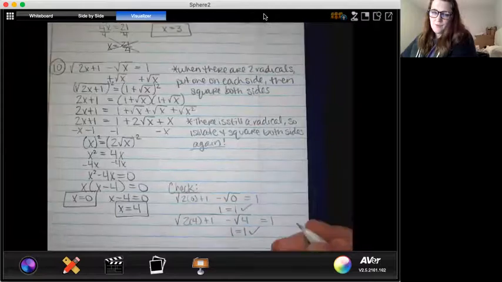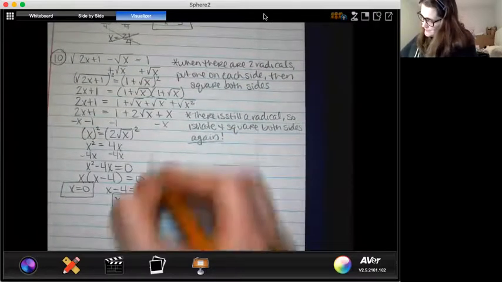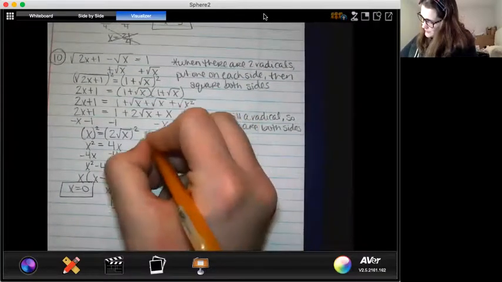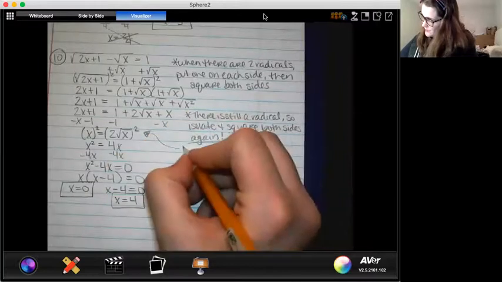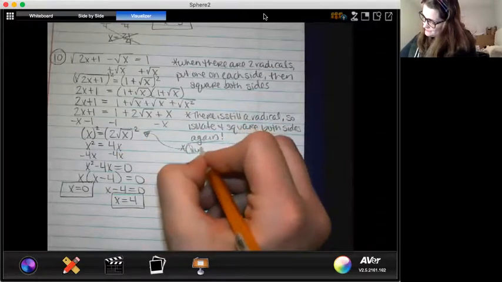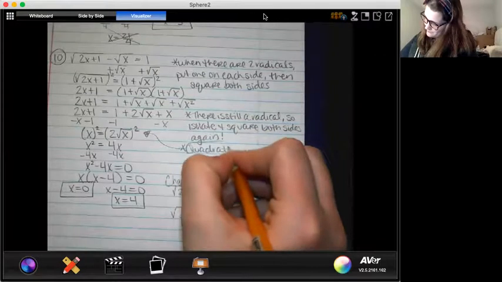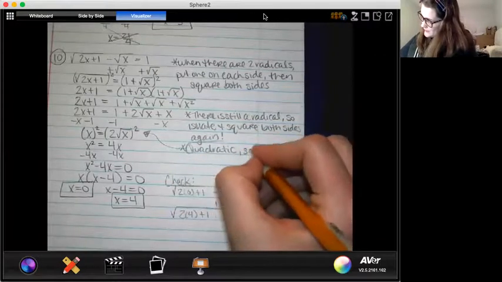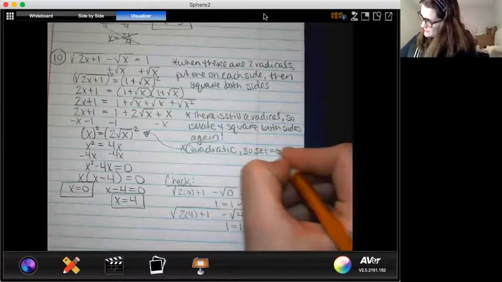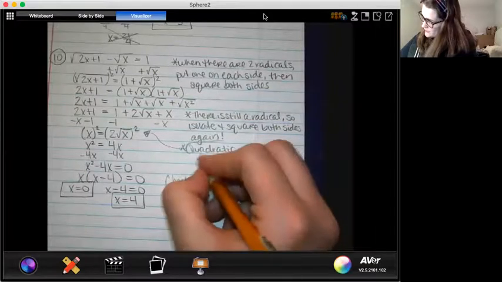Okay. Once you do that, let me draw a little arrow here. Then we have a quadratic again. So you set it equal to 0 and factor to solve.